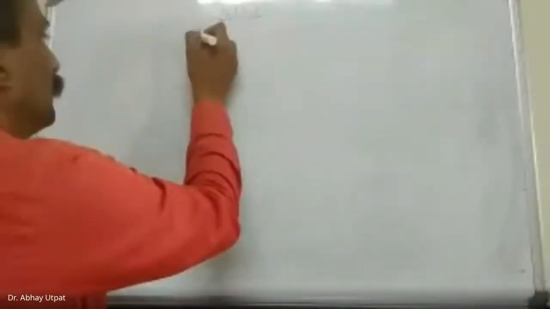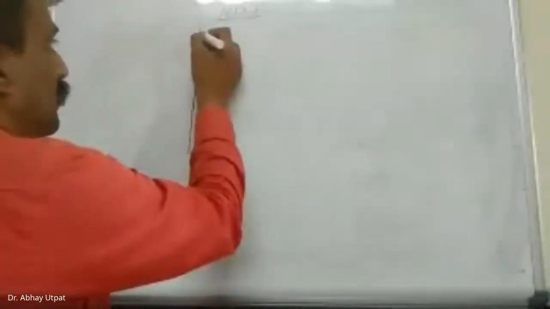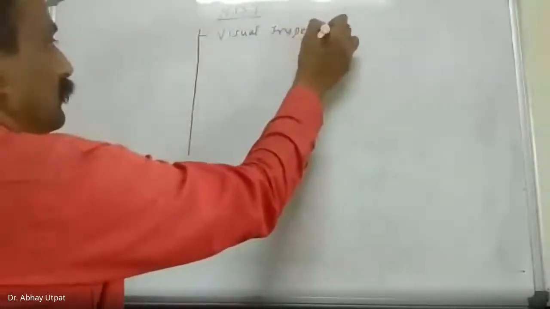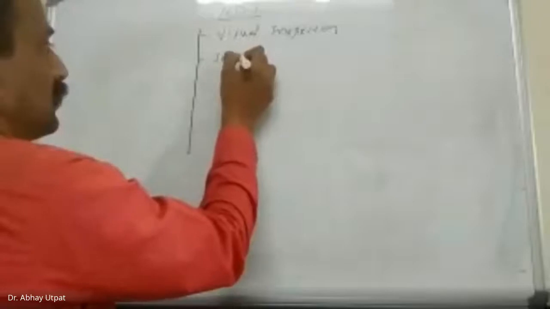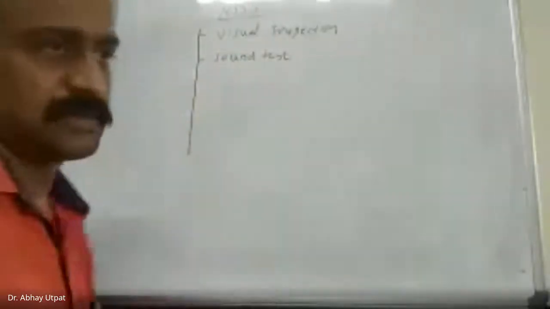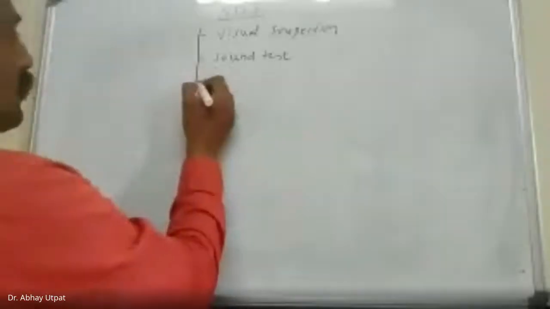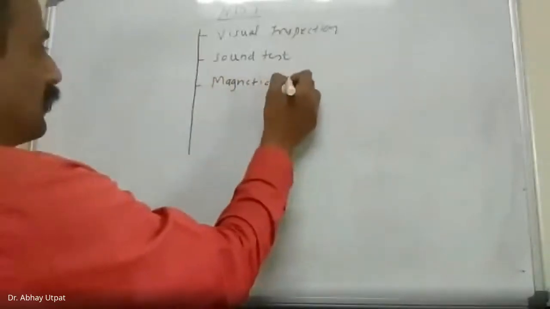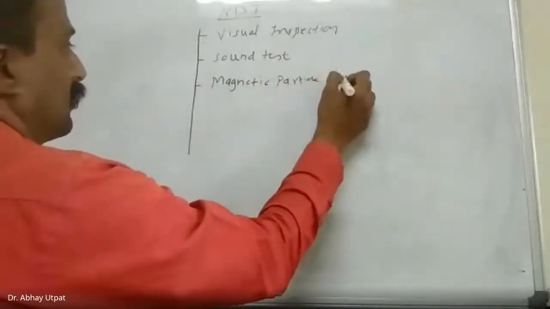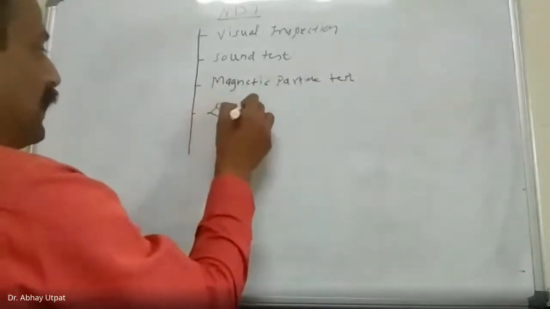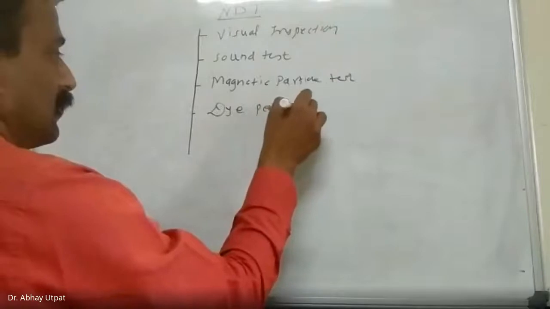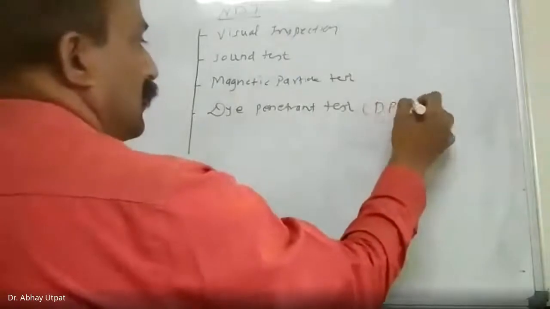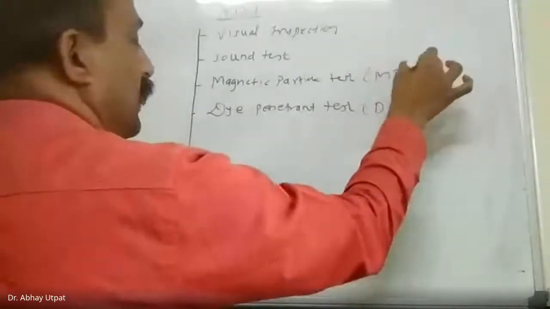Classification. Visual inspection, sound test, magnetic particle test, dye penetrant test. It is also called MPI and DPI.